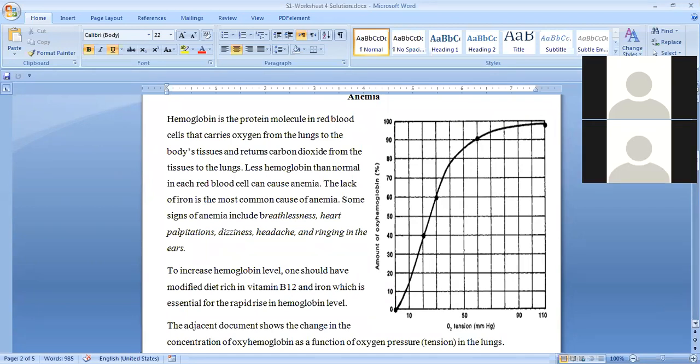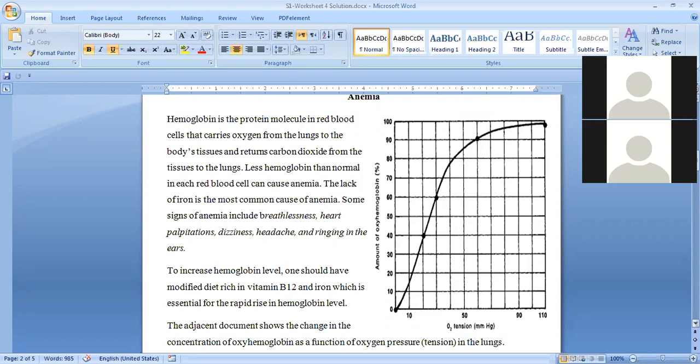Yes. Okay, so please, Yasmina, we want from you to analyze this graph. This graph is showing the variation of the amount of hemoglobin as a function of tension. Okay, so can you analyze it, please? At zero tension, the amount of oxyhemoglobin was 0%.